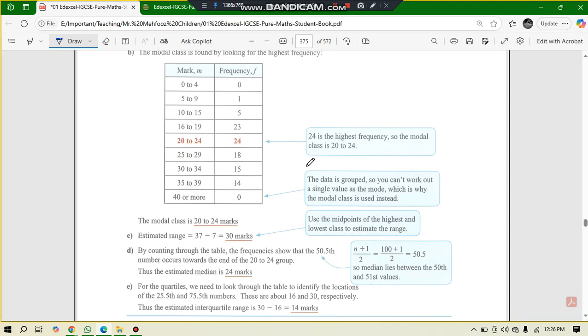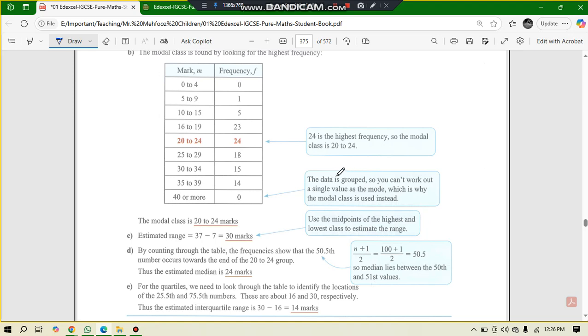Where is the highest frequency? 24 is the highest frequency, so the modal class is 20 to 24. The modal class is the class which contains the mode, the highest frequency, right?